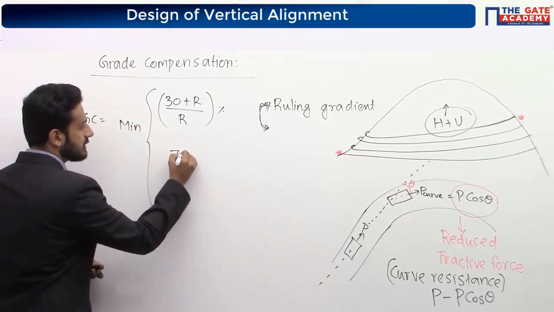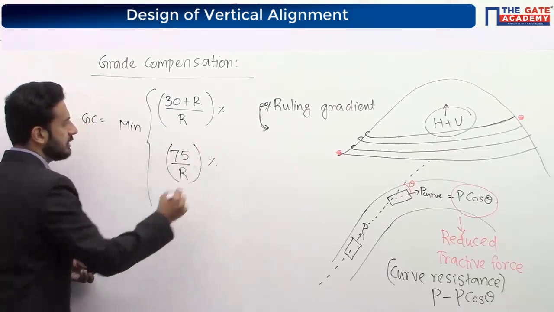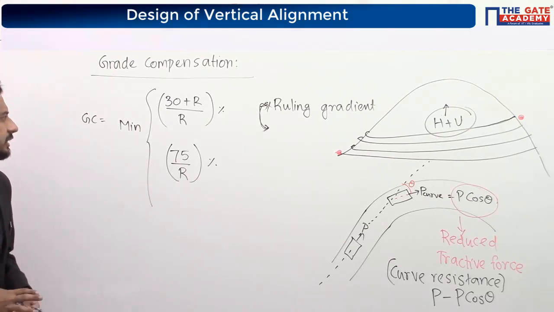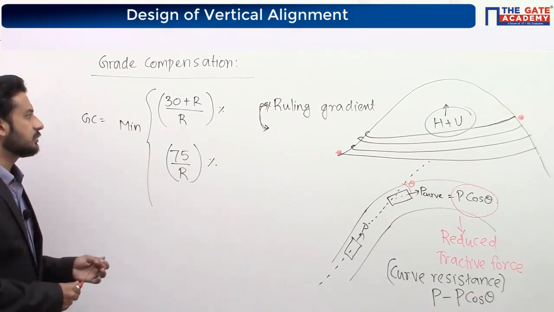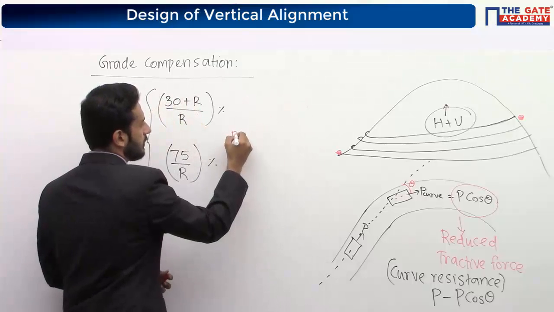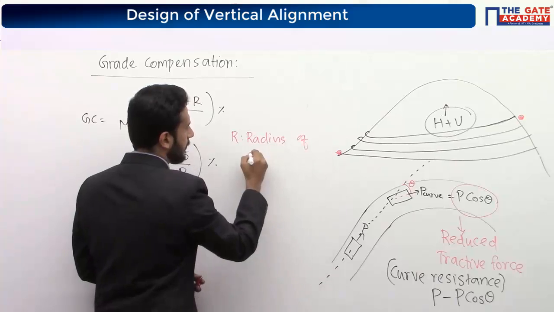Okay. The second value is 75 / R. You might have already studied in college, na? 30 plus R, maybe some syllabus it may be there. (30 + R) / R percentage or 75 / R percentage. What is this R? This R is nothing but the radius of curve. Radius of the horizontal curve. Okay.